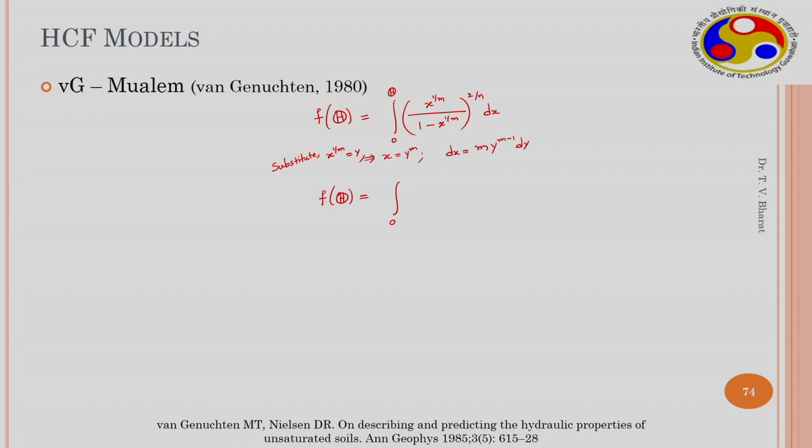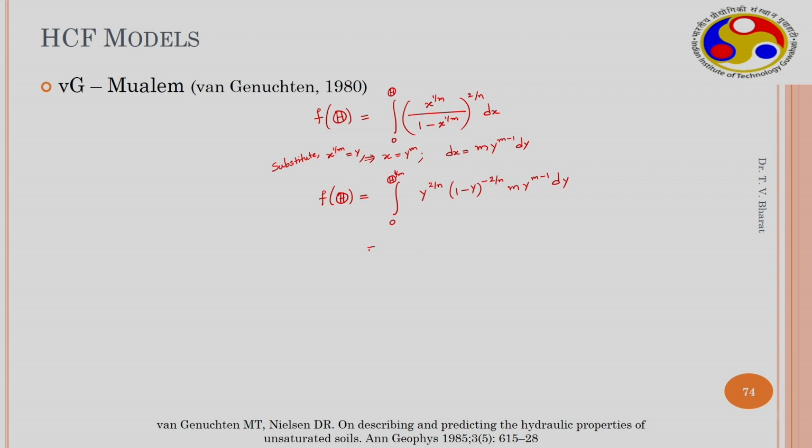Earlier when you had x, the limit was 0 to x, now it is y power m, so x is substituted by y power m. The integral becomes 0 to theta power 1 by m of y power 2 by n times 1 minus y power minus 2 by n, and instead of dx we substitute m y power m minus 1 dy.